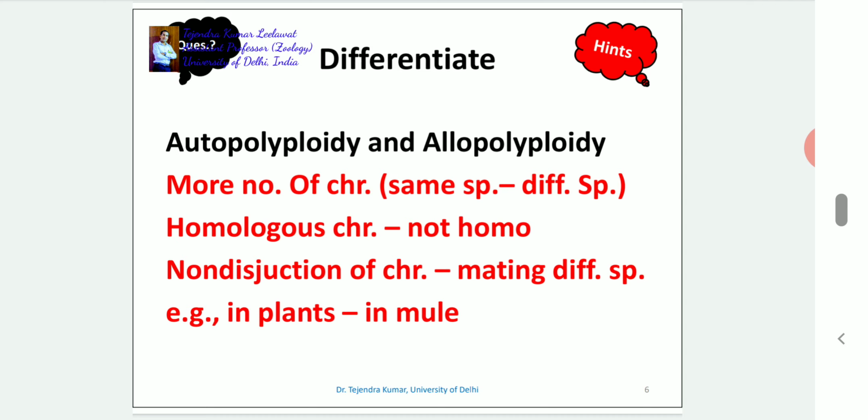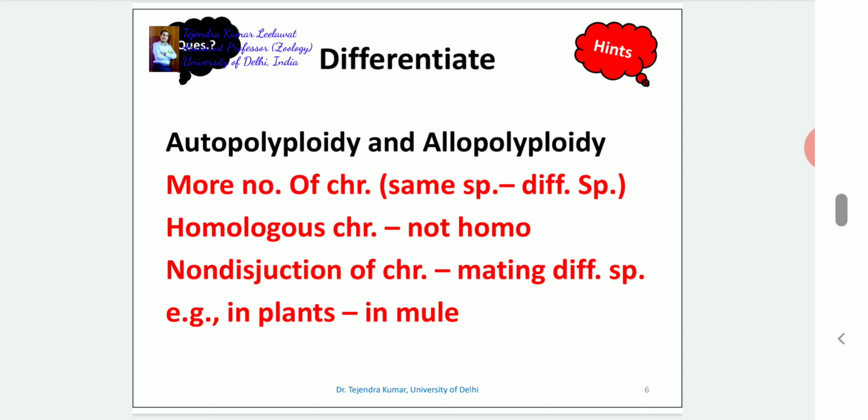Allopolyploidy, allo means different. Autopolyploidy and allopolyploidy both depend on whether the chromosomes are from the same species or different species.